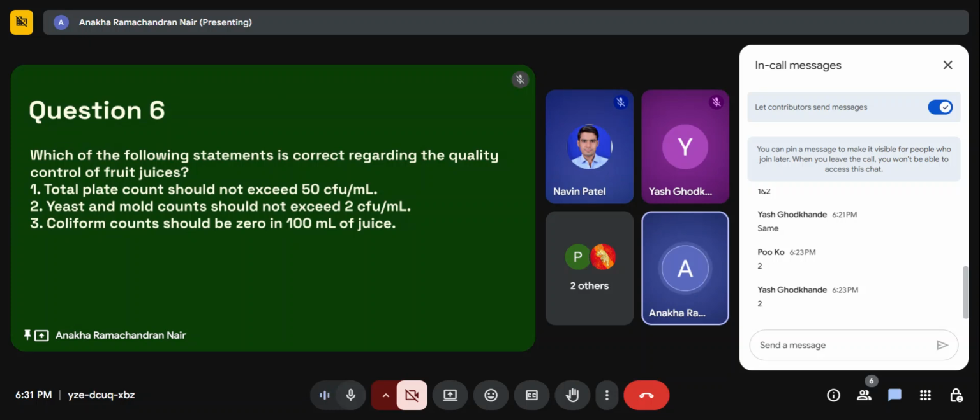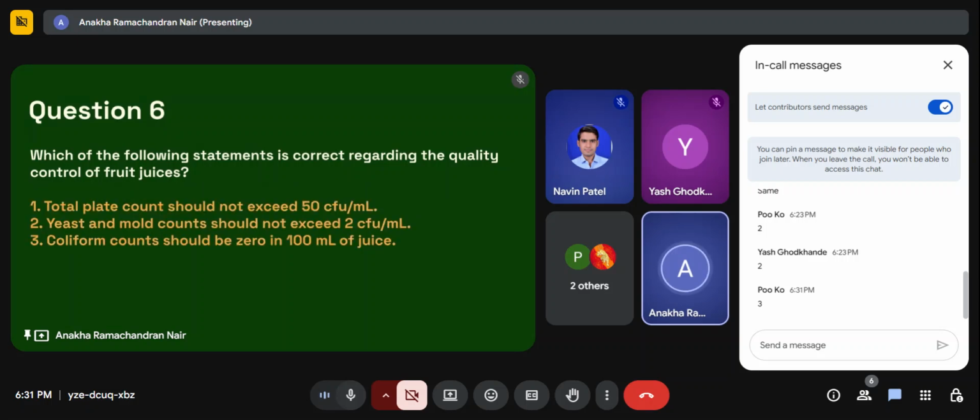Any idea what the answer is? 3, alright. The correct answer for this is all three of them.